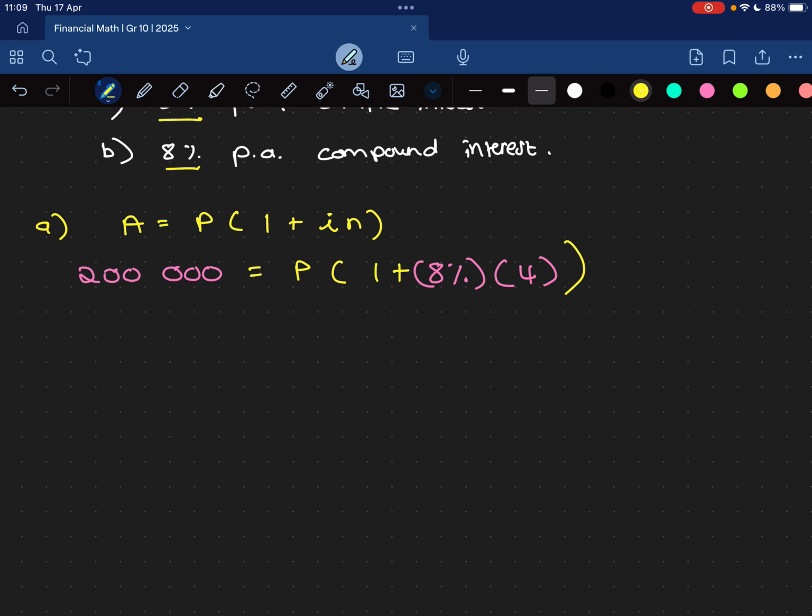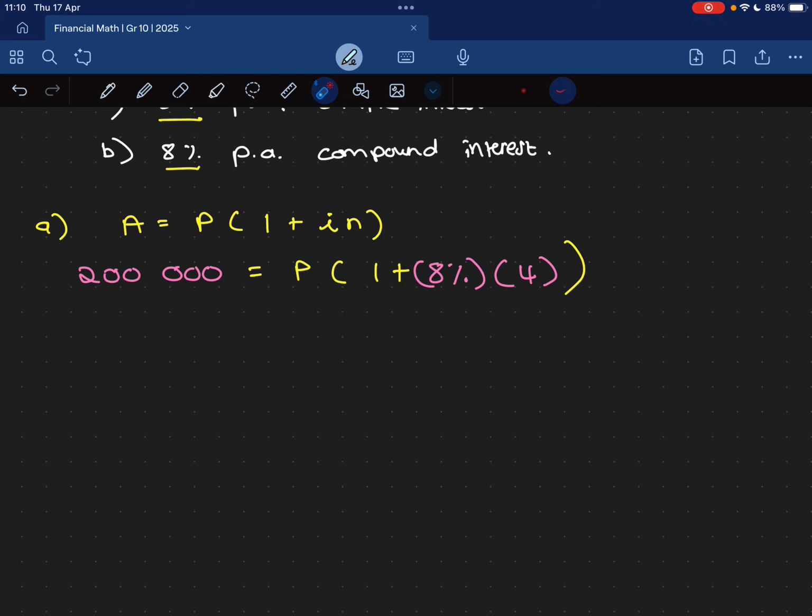We already went through this when we were doing trig, because the whole point here is not to round off until the final step, otherwise your answer is going to be incorrect. So what you can do, if you want to, is simplify this bracket first and then go from there, or you can just write it out.